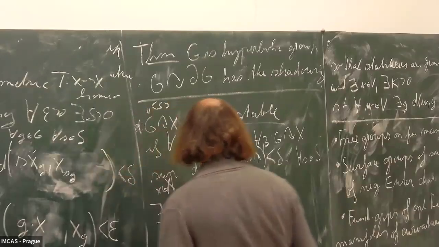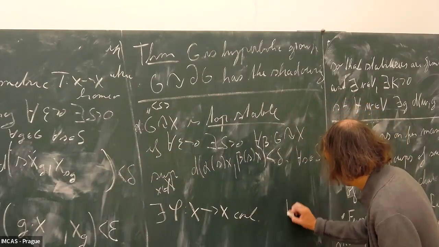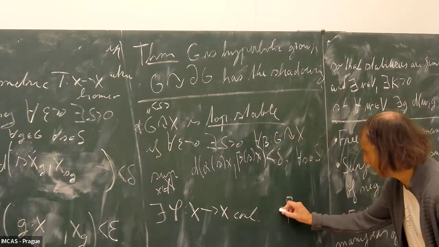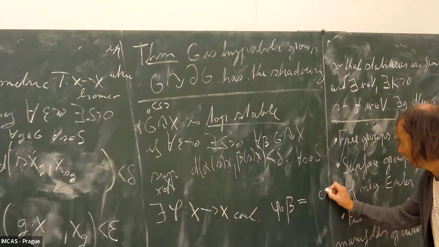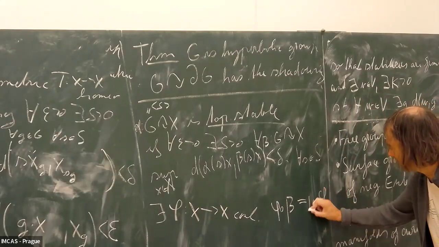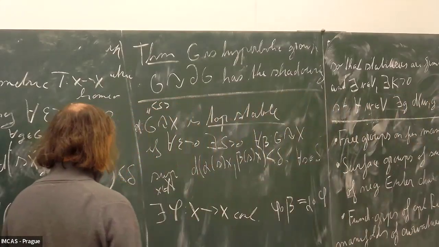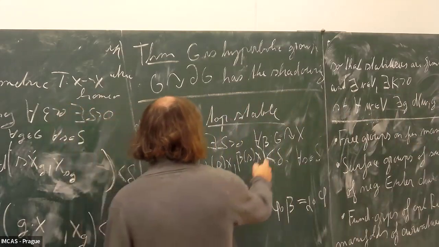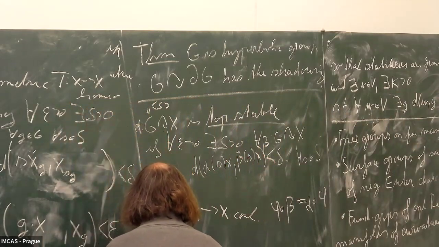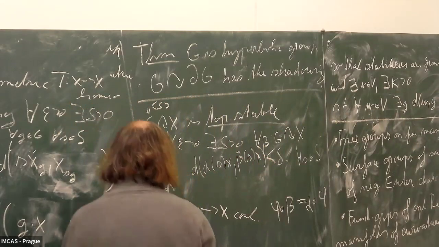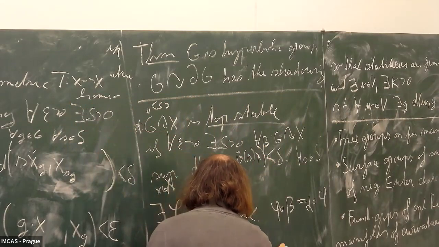Meaning that if you first apply alpha_s on x and then apply phi, it is the same as if you first apply phi and then apply beta_s. So this phi intertwines these actions, and moreover, this phi is very close to the identity: the distance between phi(x) and x is less than epsilon.